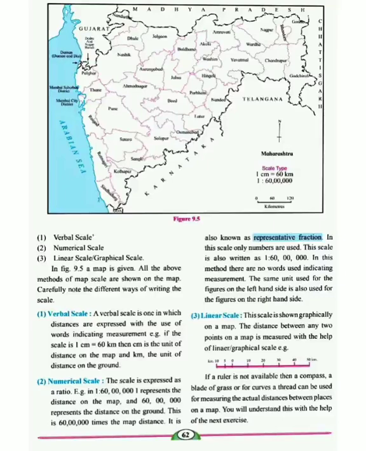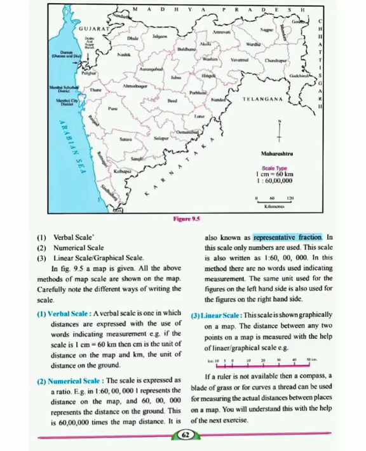Talking about the second one, the scale is expressed as a ratio. Okay, so over here the scale is expressed in the form of ratio. Example, 1:60 lakh, where 1 represents the distance on the map and 60 lakh represents the distance on the ground, which is 60 lakh times the map distance. It is also known as representative fraction. Okay, so basically इसको क्या बोलते हैं, representative fraction, the ratio on the ground to the ratio on the map.